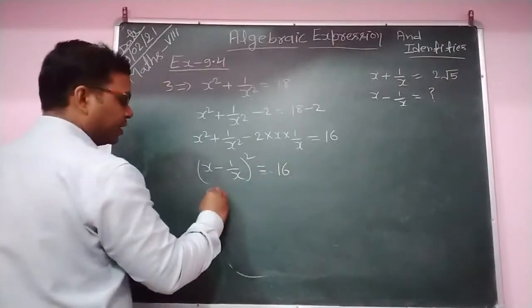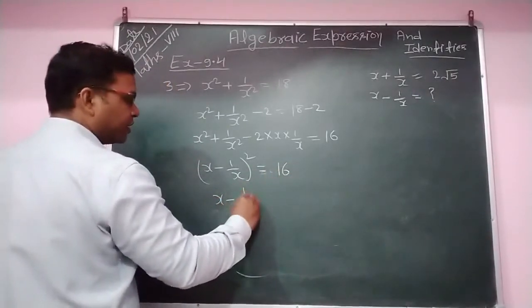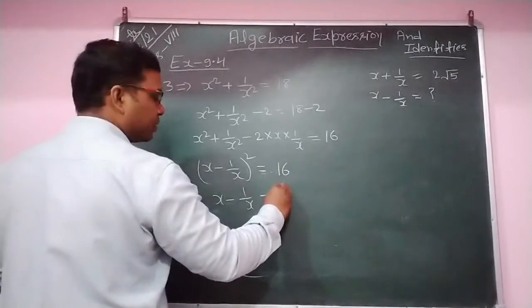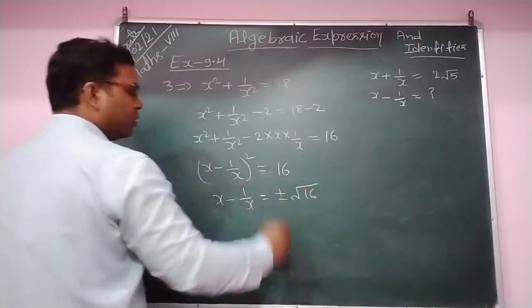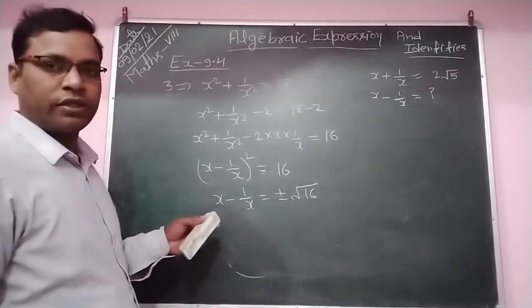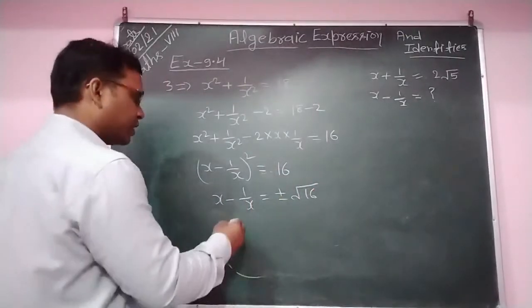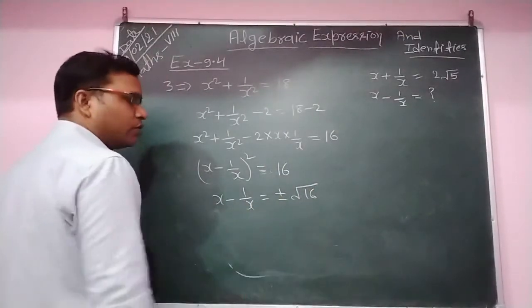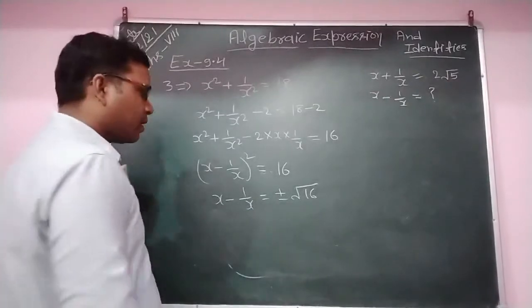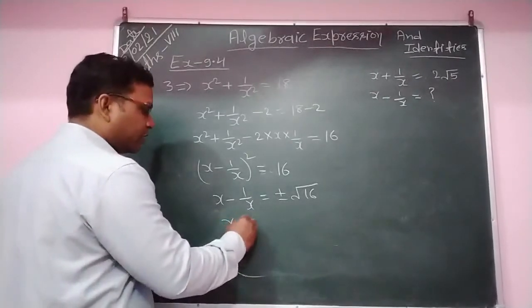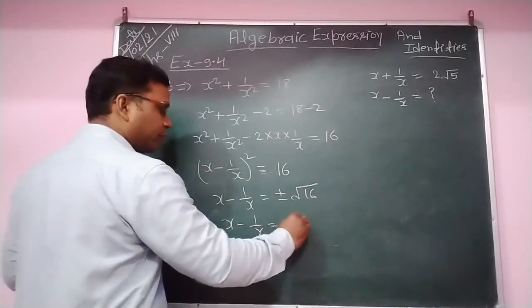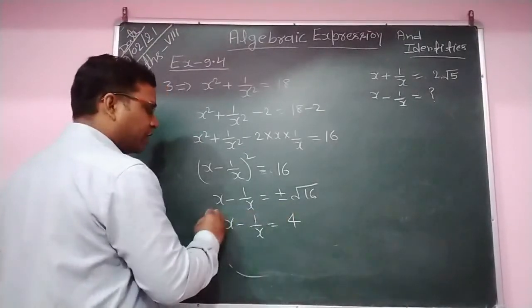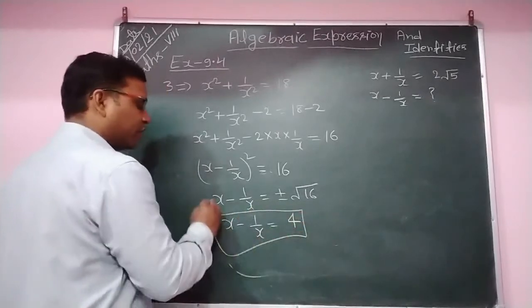Or you can write x minus 1 by x is equal to plus minus root 16 if you take the square root on both sides. How to find the square root, you know very well. So x minus 1 upon x is equal to plus minus 4.